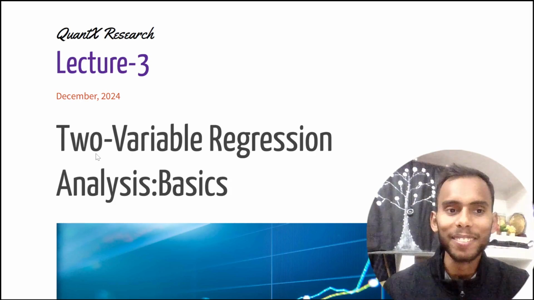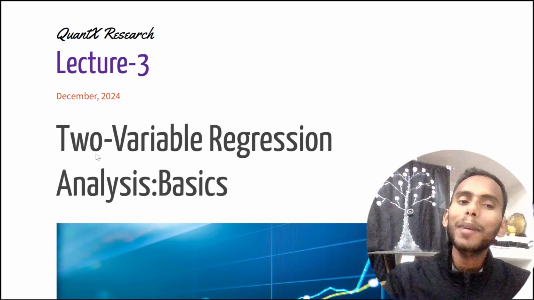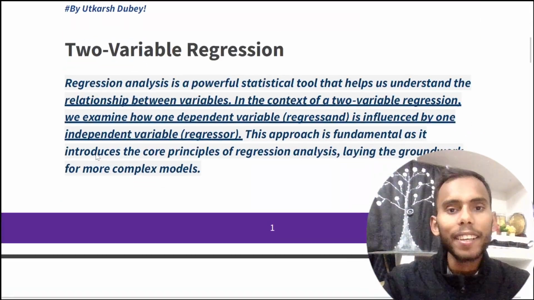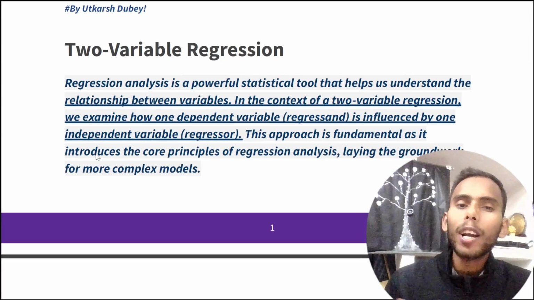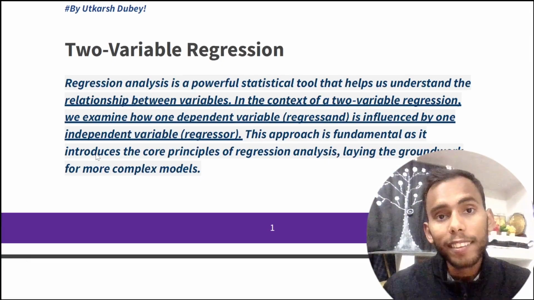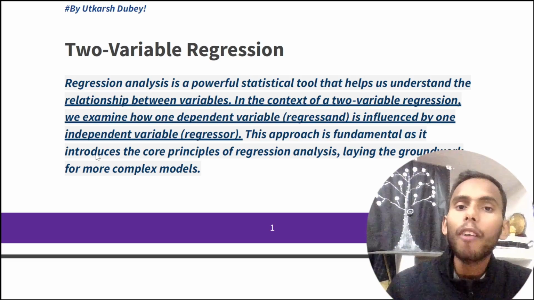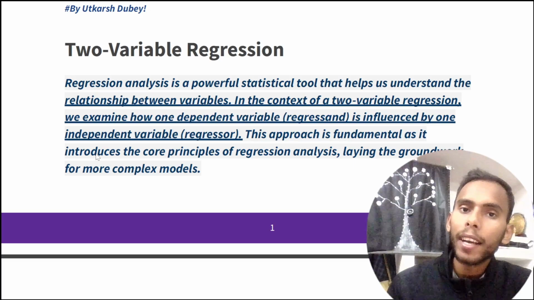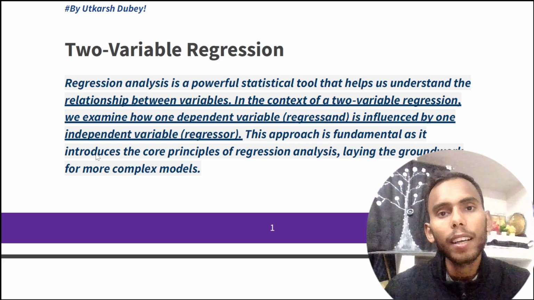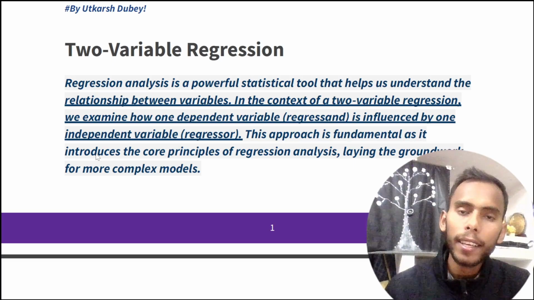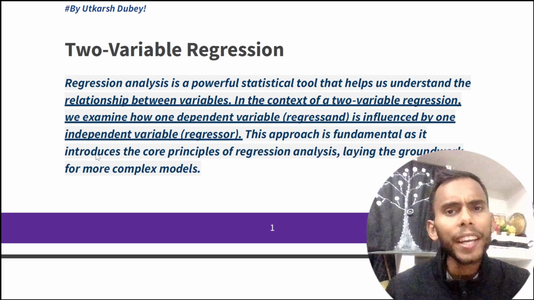Let's get started. Two variable regression analysis, right? Whenever we talk about two variable regression analysis, you can say it's the basic and fundamental form of regression analysis, with a single dependent and a single independent variable. In this type of regression analysis, we can easily calculate economic phenomena.